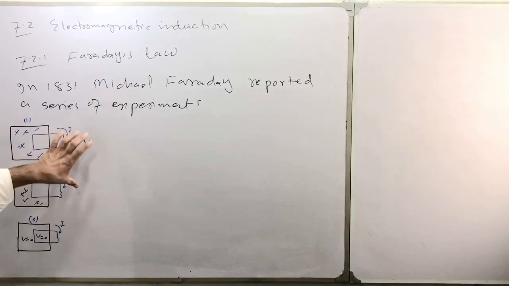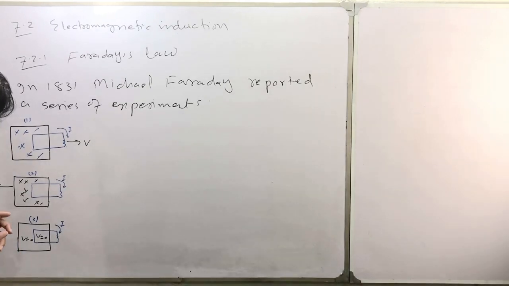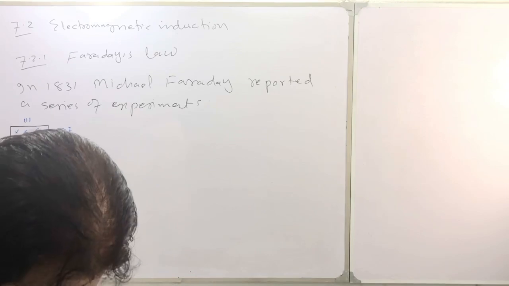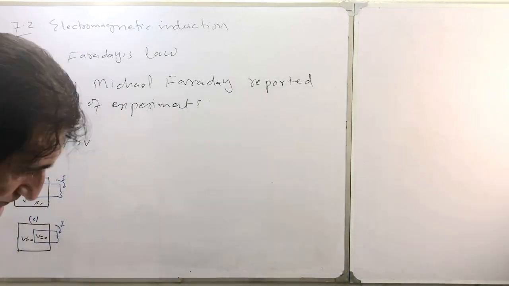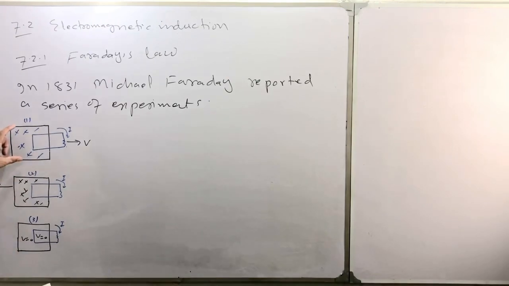So actually they have the same results. In the third one, both the magnetic field and the loop have velocity 0, and they only changed the strength of the magnetic field. The first two experiments are a straightforward case of motional EMF.